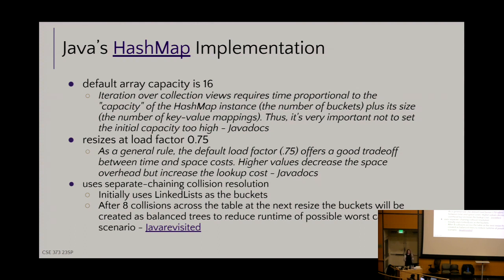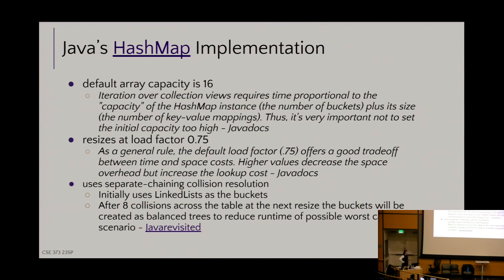But after 8 collisions, and the number 8, I tried really hard to find why they picked 8 to be the magic number of collisions. I could not find an answer anywhere on the internet except that it was introduced in Java version 8. That's my suspicion.